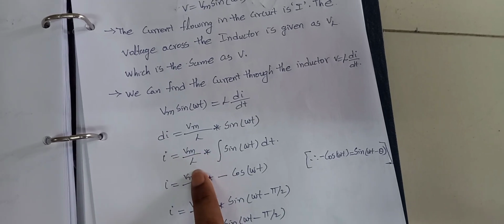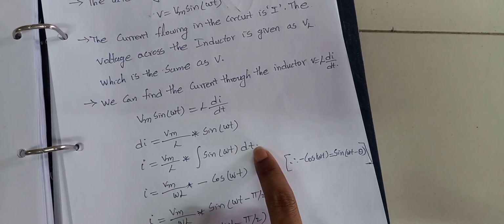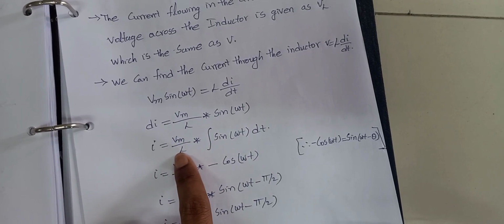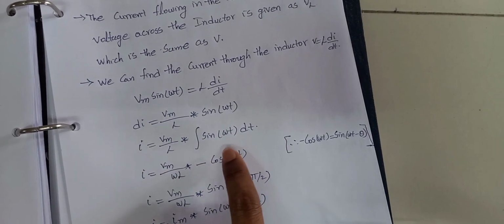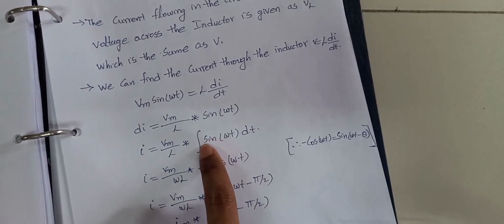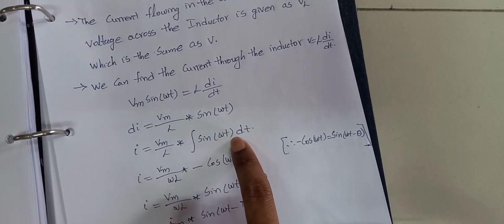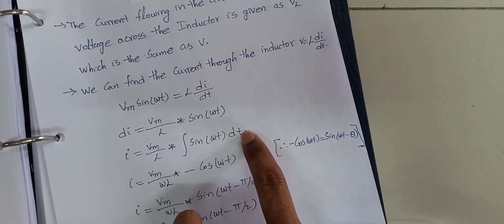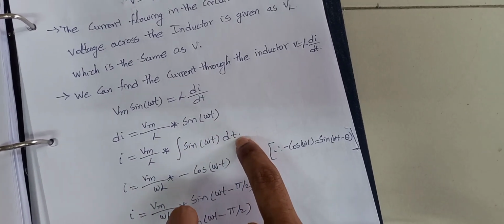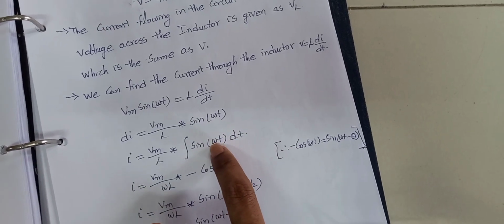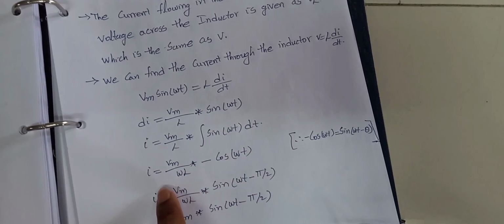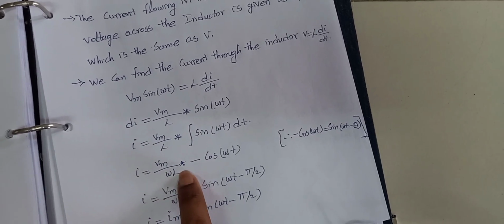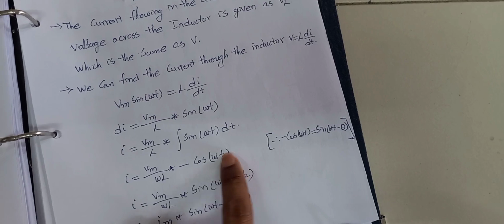So I equals Vm by L, integration of sin omega t dt. Remember, we always get omega here, because we integrate sin omega t, which gives minus cos omega t, but the integration is with respect to time, and omega is now there, so we add that omega. So Vm by omega L into minus cos omega t, you can get.